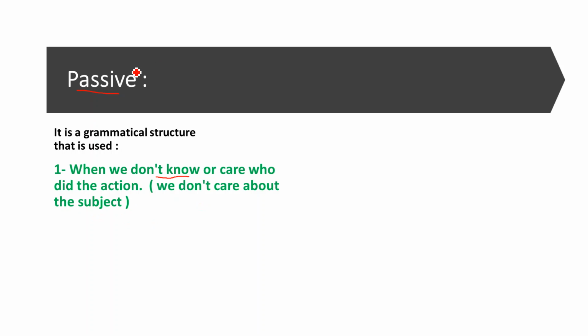So I use the passive. أبدأ في المبني للمجهول. As I said previously, when I want to go for the passive, I have to start with the object. لازم أبدأ بالمفعول به. So أنا غير مهتم بالفاعل أو لا أريد أن أذكر اسم هذا الفاعل أو ليس لدي علم بمن قام بالفعل.